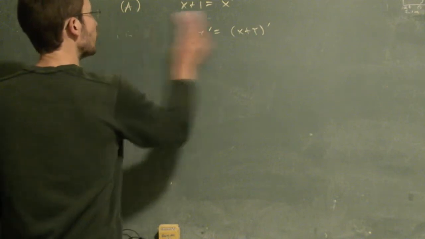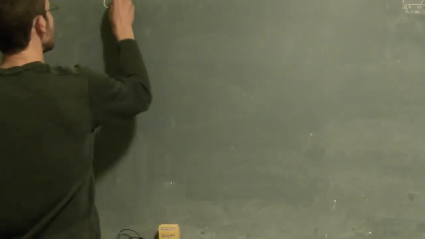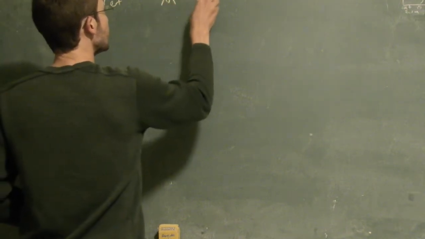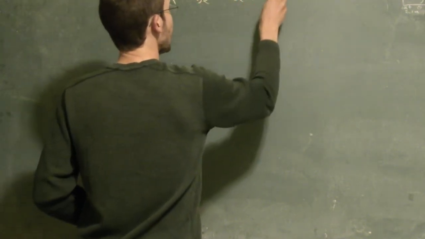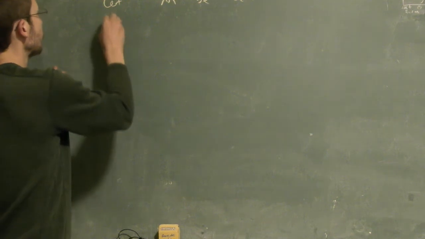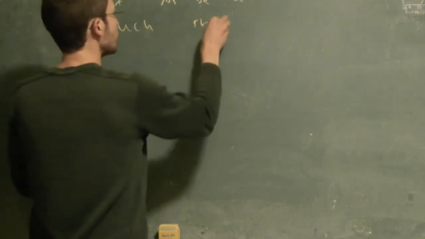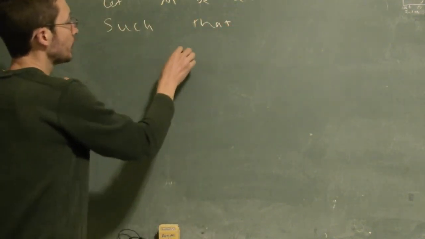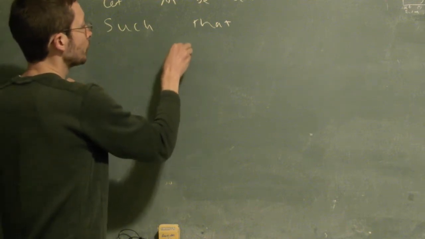Now, what we're going to do is we're going to let M be the set of all x natural numbers such that these two properties hold.